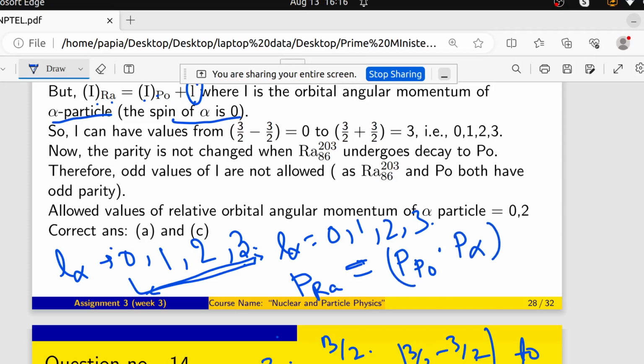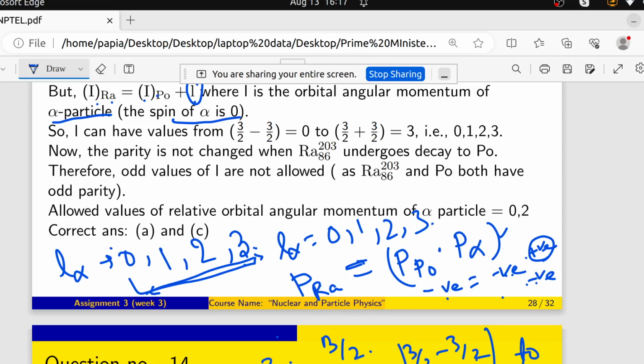As it is a multiplicative quantum number, parity of Ra was minus, parity of Po was minus. So parity of alpha should be positive, otherwise if it is minus, then minus and minus will give us a positive value, which is not correct in this case, right?